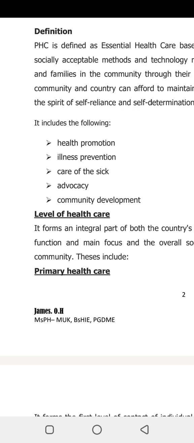And how can this be done? This can be done by organizing education sessions, and to teach people how they can prevent some of the chronic diseases that can affect the communities.